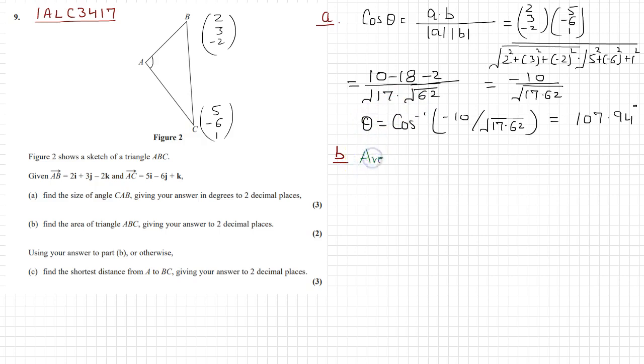So area is half AB AC and sine of the angle between them, sine A. So we put the values: half, AB we have already calculated root 17, AC we have also calculated root 62, and sine of 107.94 degrees.